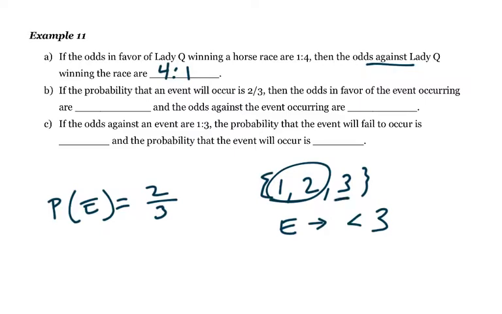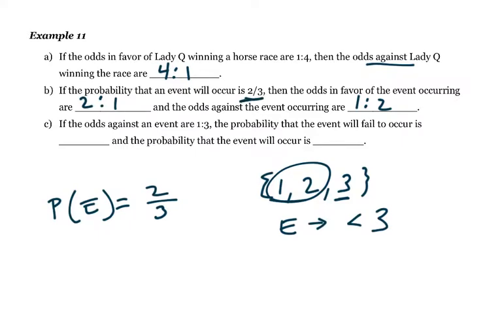So the probability of getting a number less than 3 would be 2 out of 3, or 2/3. But the odds in favor of the event occurring would be 2 to 1, and the odds against would be 1 to 2. Okay, so think about how to use probability to determine odds.